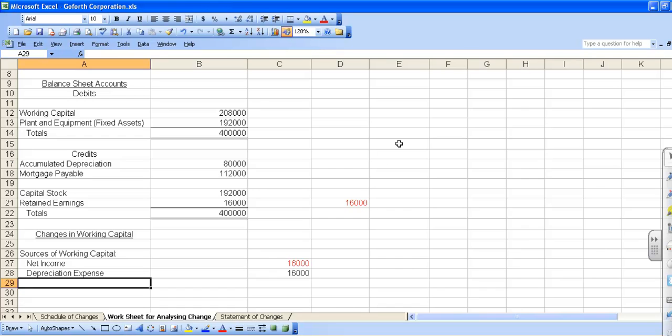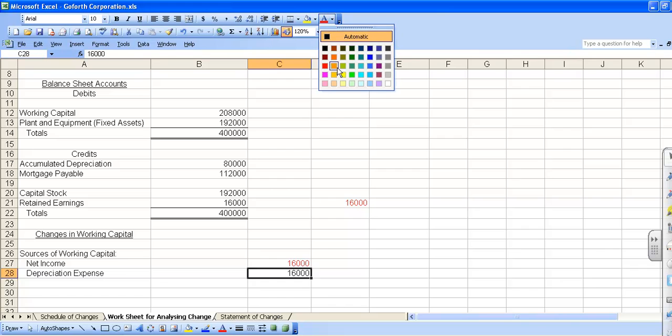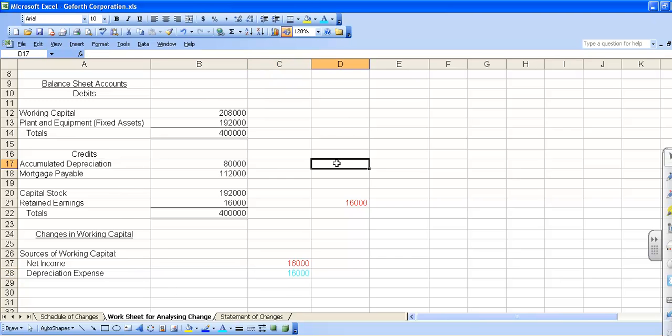Happens to be the same amount, 16,000. So I'm going to color this one blue, turquoise. And the credit on the top half is going to go with accumulated depreciation, 16,000. Okay, so I'm going to make sure that that's turquoise.